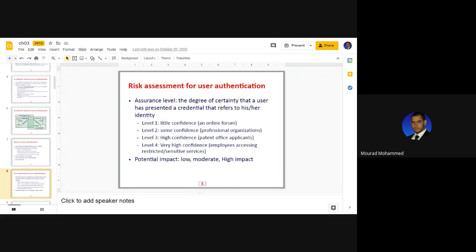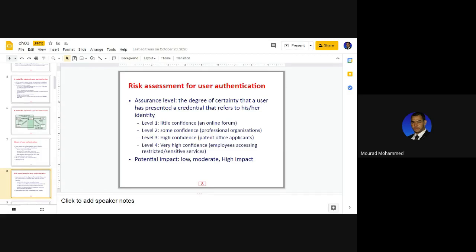It is a common sense understanding here. Either we are talking about a very weak confidence, very weak authentication, let's say trust, or a very high and severe confidence, which is actually very, very high sensitivity versus the authentication process.